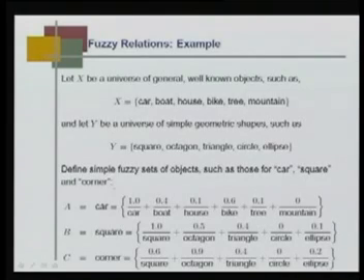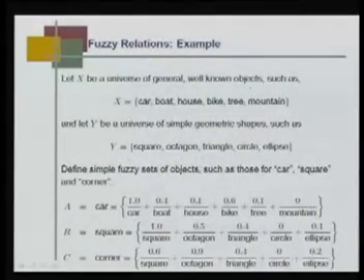So, now we will consider another example of fuzzy relation, a little more application oriented. Let us think of two different sets of objects. One set of objects is images collected from various objects like car, boat, house, bike, tree, mountain.